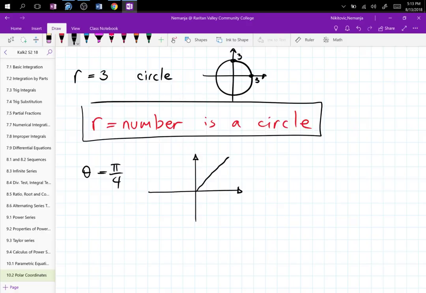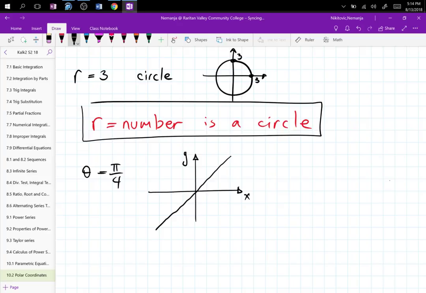This part of the line has all r equal to a positive number, and this part of the line will have all r equal to a negative number. This equation is a straight line through the origin at whatever angle is given. In our case, it's y equals x because it's pi over 4, but as soon as you switch that pi over 4 for something else, you will get whatever slope you get.